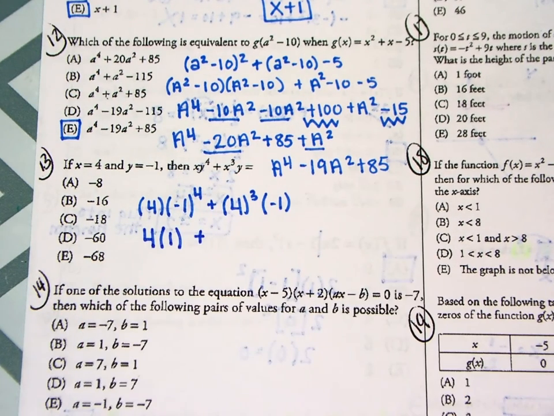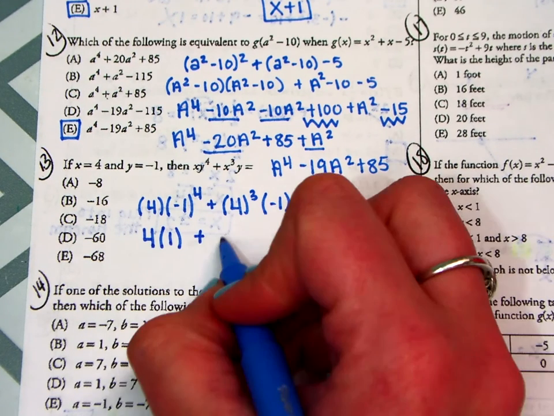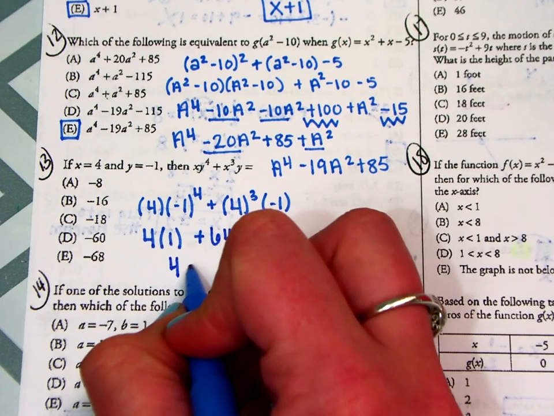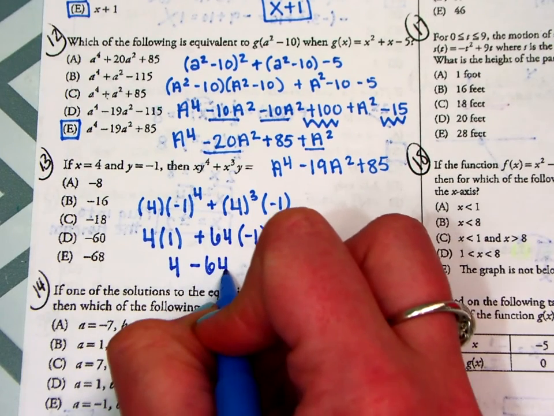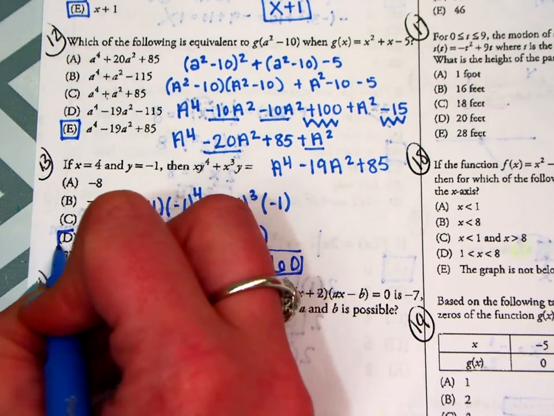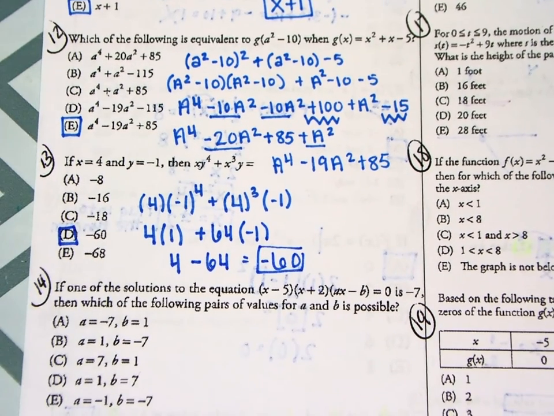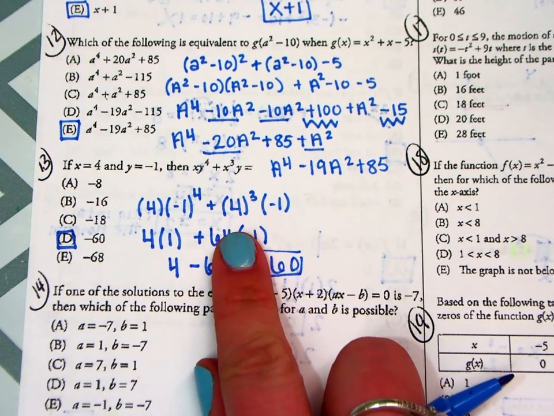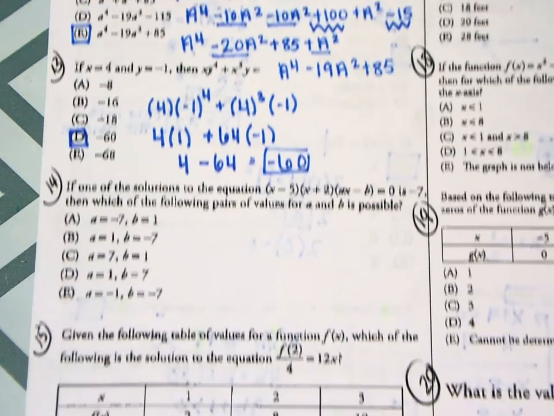And then 4 raised to the 3rd is 64, and we're going to multiply that by negative 1. So this becomes 4 minus 64 for an answer of negative 60. This is just a substitution, but you want to be very careful when substituting that you're paying attention to what's being raised to powers, so you are simplifying correctly.